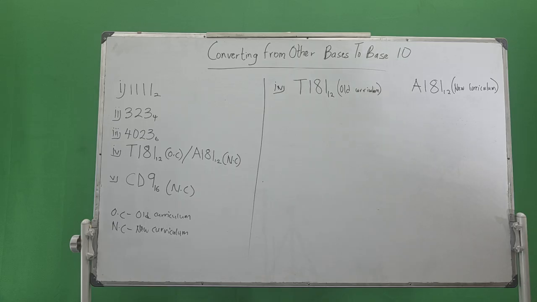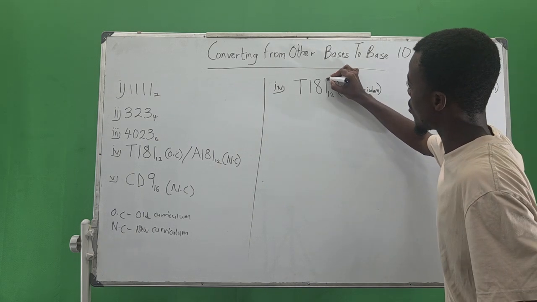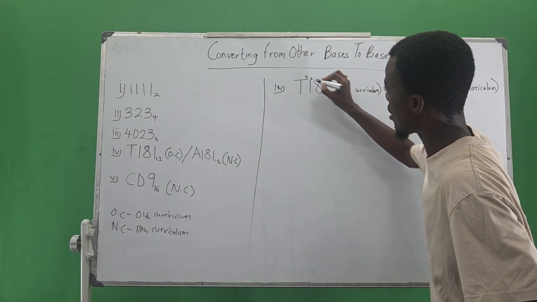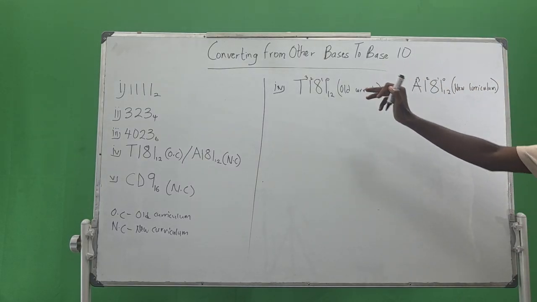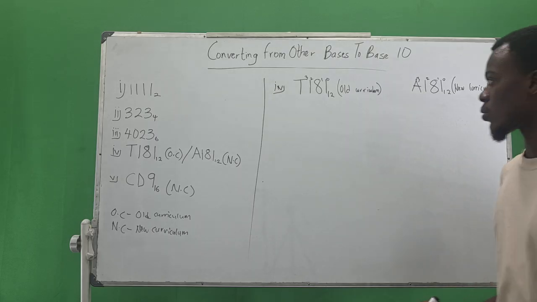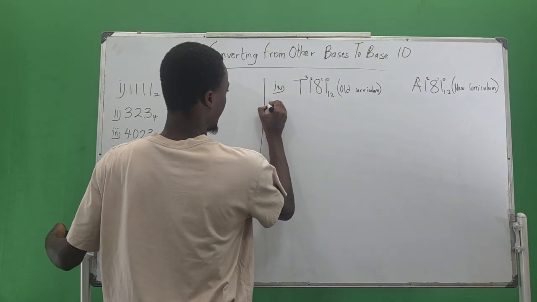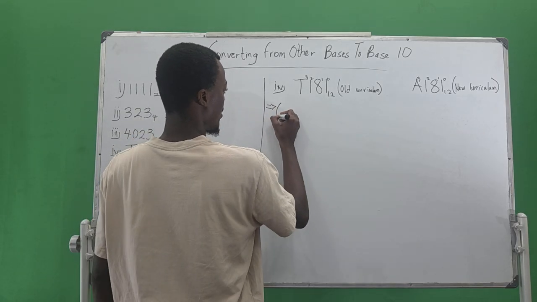So the first step, as I said, the trick should always be in your mind. You start from what? 0, 1, 2, 3. And guys, don't forget, those ones that I've written there, they'll be the power of the base. So here, for the old curriculum, you have what?